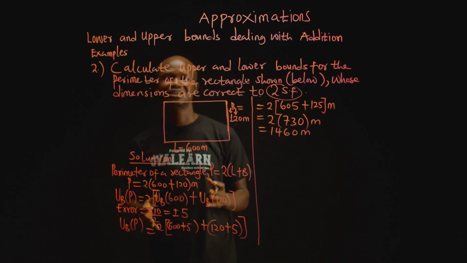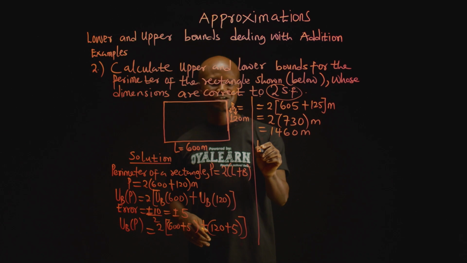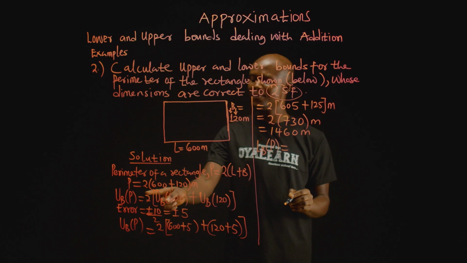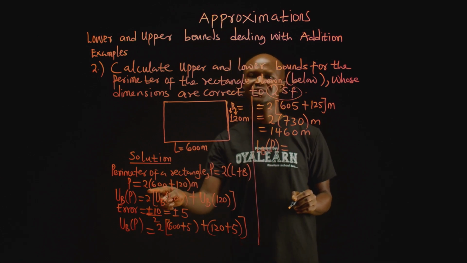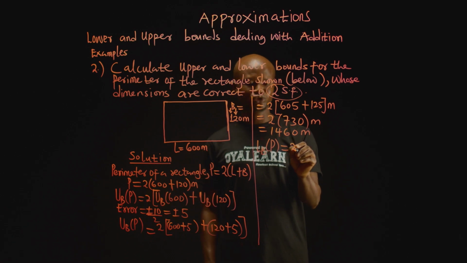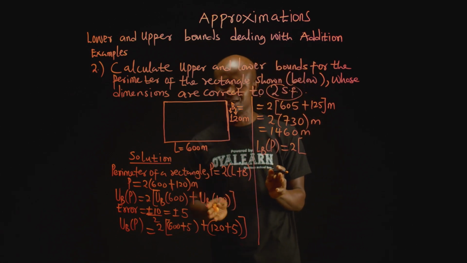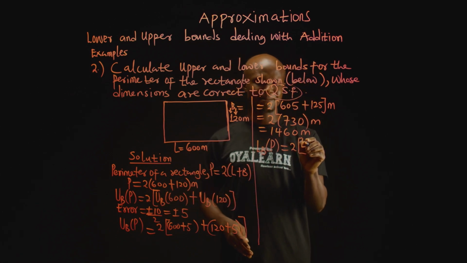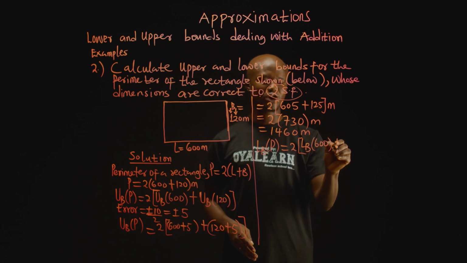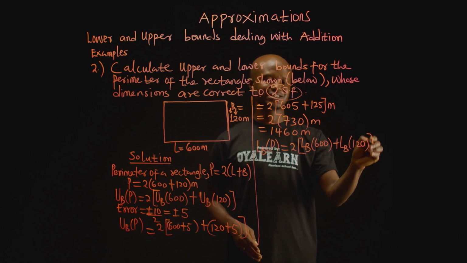Now we need to find the lower bound of the perimeter of the rectangle. Lower bound, that is L subscript B of P. What would that give us? We come back to the calculation for the perimeter of the rectangle, which is going to give us 2 into, applying the rule of addition for the lower bound, the lower bound of 600 plus the lower bound of 120.